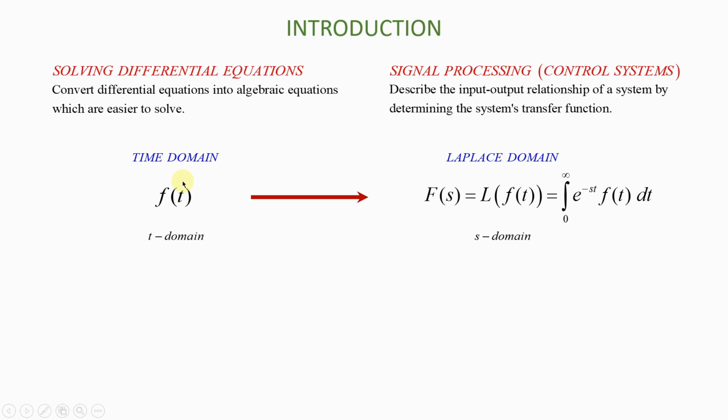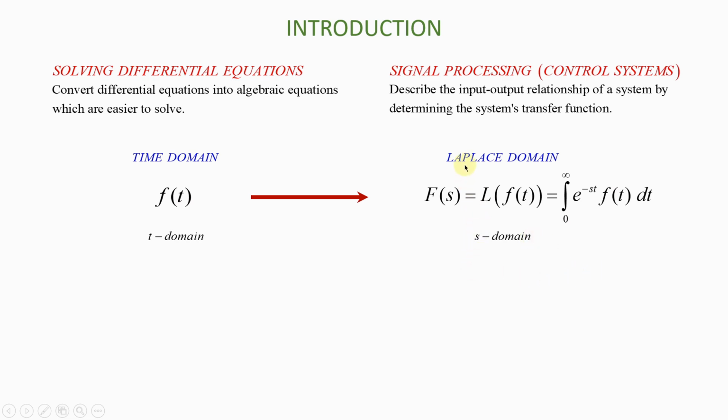So sometimes you may find someone saying time domain, or they may just say the t domain. And another may say Laplace domain or just say s domain. These are just the same expressions, okay? Different expressions, but they mean the same thing, okay? So the time domain is the t domain, the Laplace domain is the s domain.